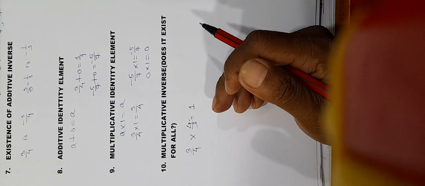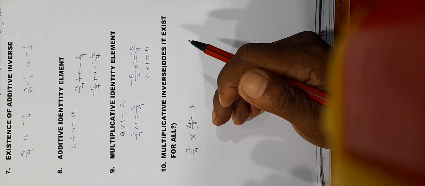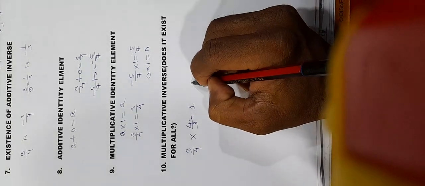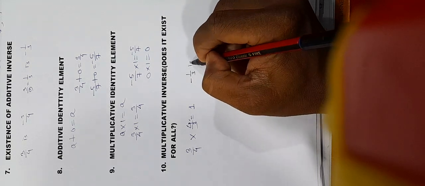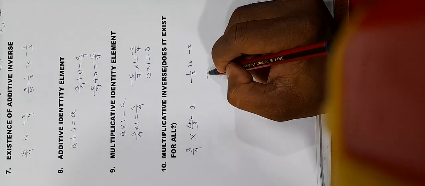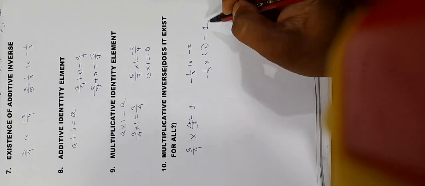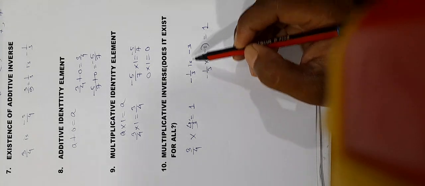Inverse means just you change the numerator into denominator and denominator into numerator. Similarly, multiplicative inverse of minus 1 by 3 is minus 3, because minus 1 by 3 into minus 3, answer is 1. So multiplicative inverse of minus 3 is minus 1 by 3.